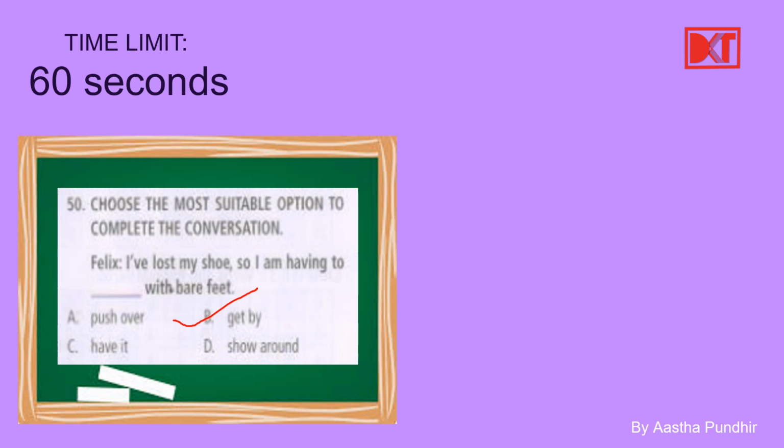All right. Then we have C, have it. Now when we say this person has it, or I have it, it means winning some sort of a decision. Then we have show around. Show around actually means giving a tour, an explanatory guide of some place. Yes, that is showing around.